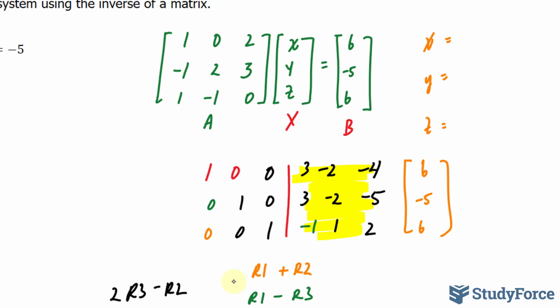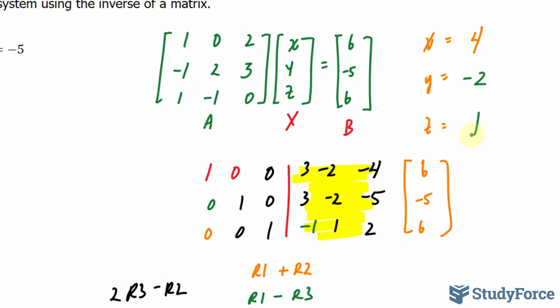You should end up with 4. And if you do the same thing for row 2 in this column vector and row 3 in this column vector, you should end up with the following y and z values: negative 2 and positive 1.